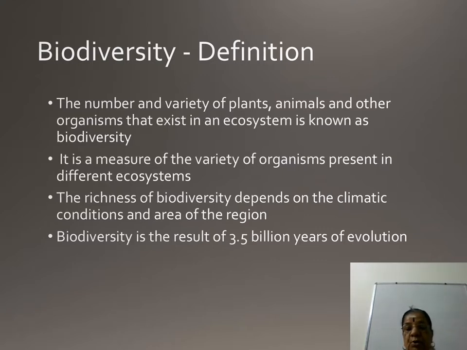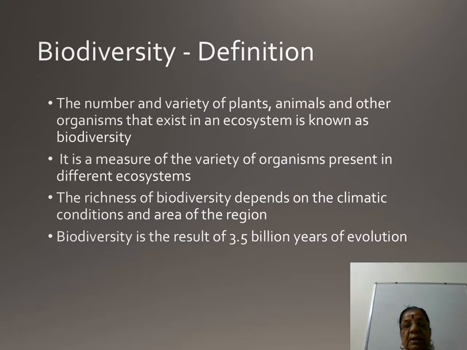How many different types of plants are present, how many animals with variety are present, this gives us an idea. Then richness of biodiversity depends on the climatic conditions and area of the region.